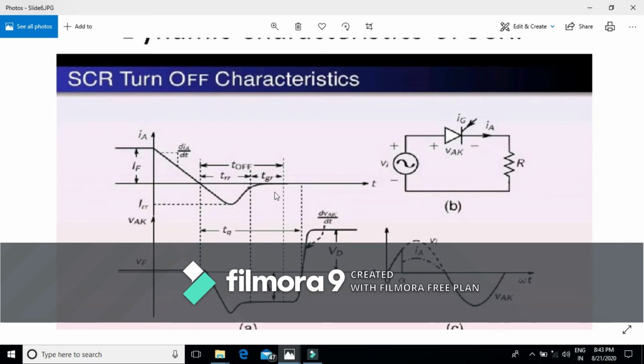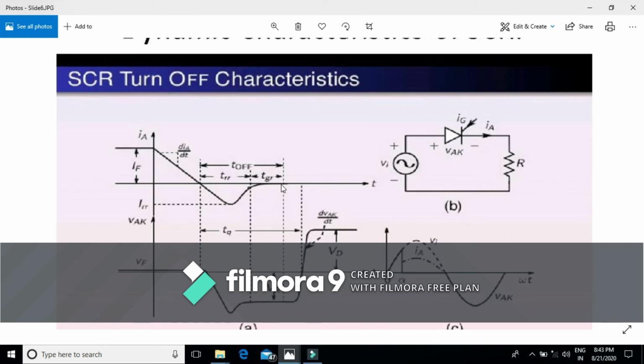This time for recombination of charges in the inner layer is called gate recovery time. This turn off time, that is the combination of this reverse recovery time and the gate recovery time, depends on the magnitude of forward current.